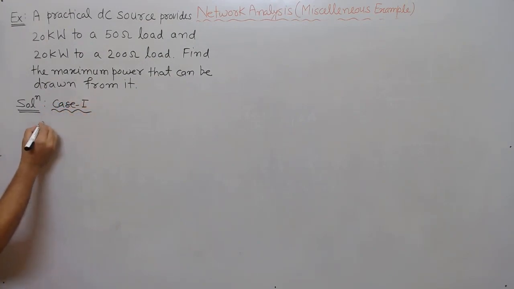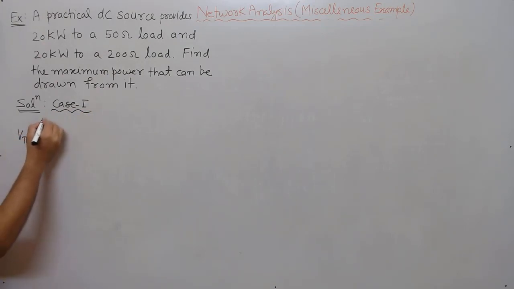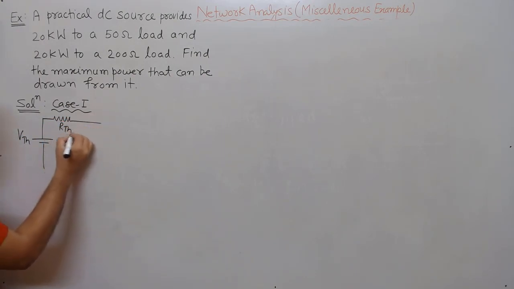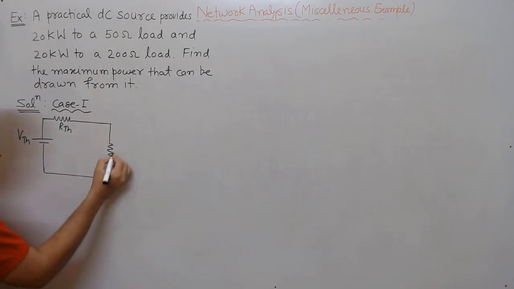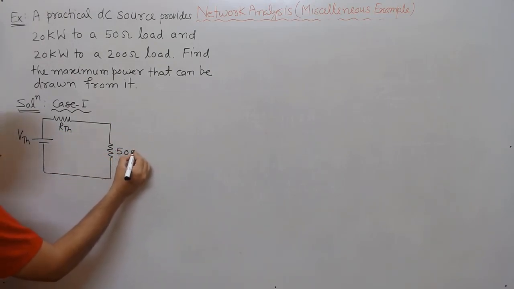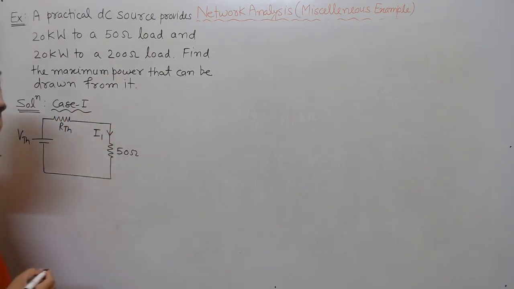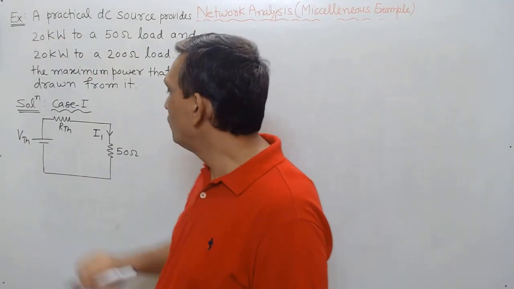So in case 1, consider you have a voltage source VTH and this resistance is RTH, and when it is connected with 50 ohm, current is I1. So power delivered P1 will be 20 kilowatt.